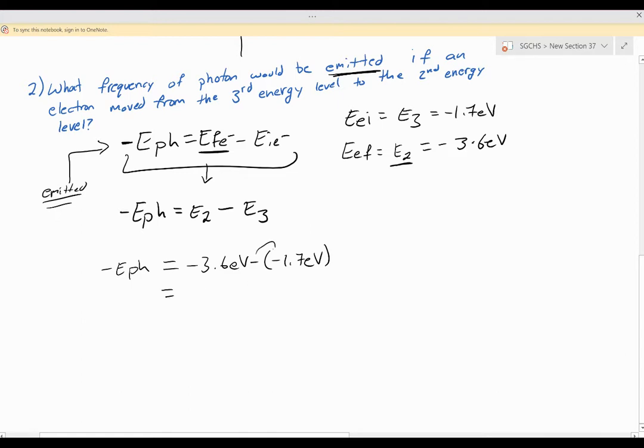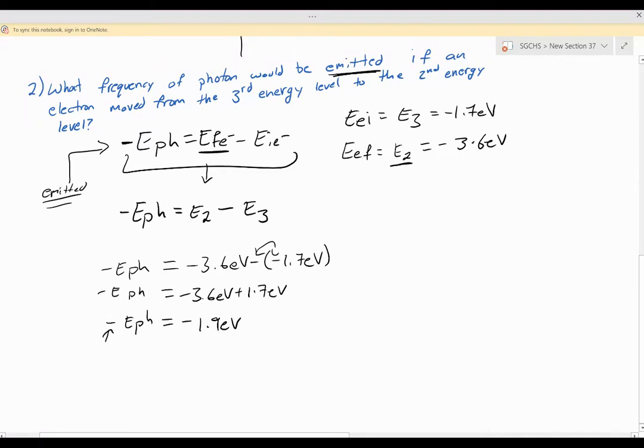Now, two negatives make a positive. So this is negative 3.6 electron volts plus 1.7 electron volts. Now recognize, good thing we brought along our negative value since we knew it was being emitted, because we get an outcome here that is negative 1.9 electron volts.